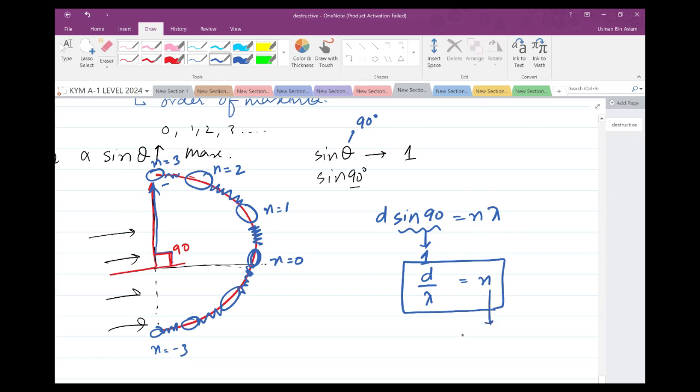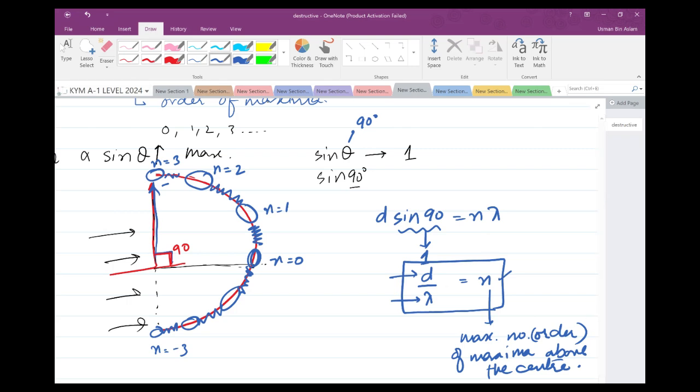This n will be the maximum order of maxima above the center. This is how we can find that out. Wavelength is known, d will be known, when you divide it, that way you'll be able to find out the maximum number of maximas being formed.